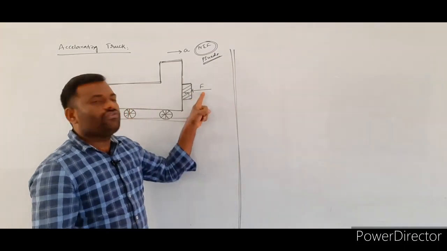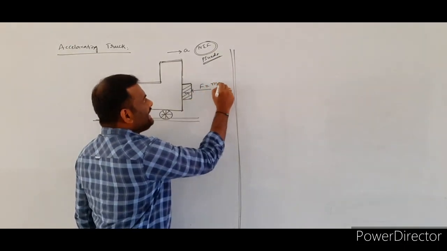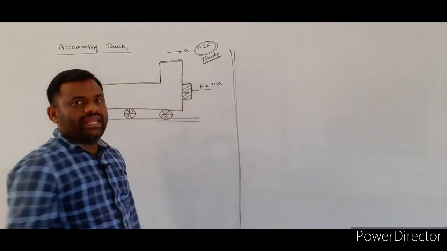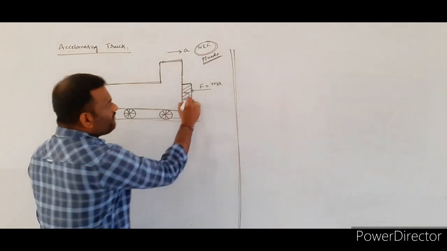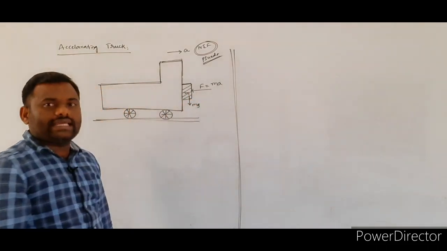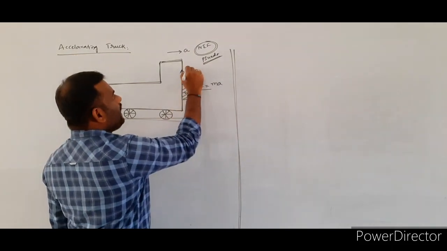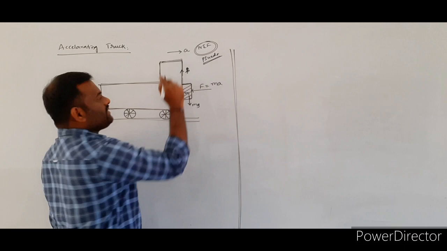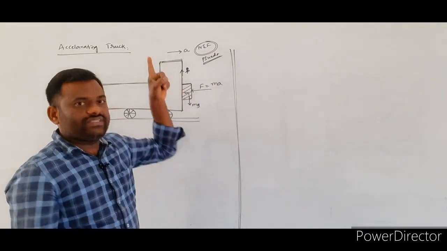The pseudo force acting on the block is given by F equal to ma, acting in the opposite direction. The weight of the block is always acting downward, and the frictional force acts along the tangential surface of the contact.